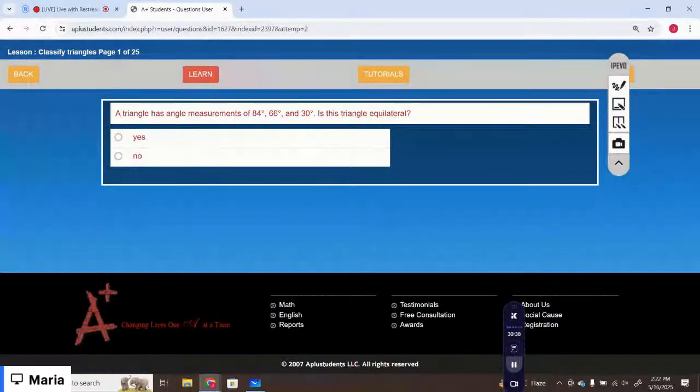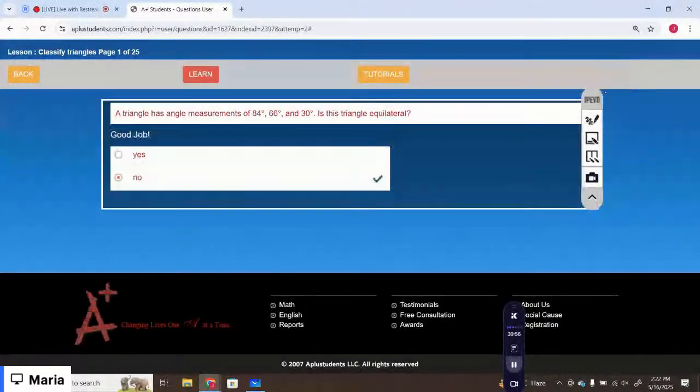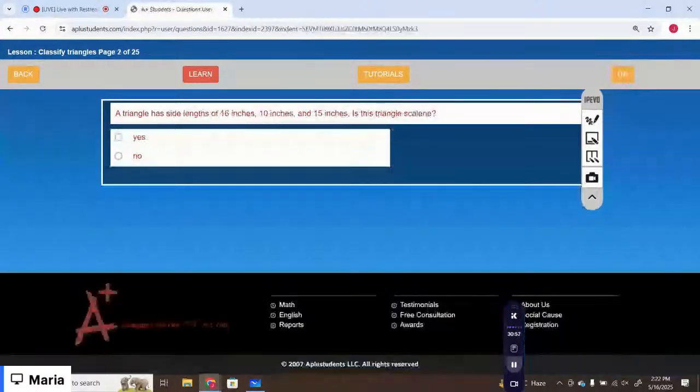All the angles are less than 90 degrees, right? No, sorry, the question is: a triangle has angle measurements of 84, 66, and 30. Is this triangle equilateral? Equilateral means a triangle that has all the sides, and all the angles, measuring the same.